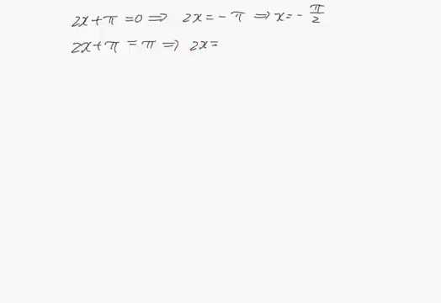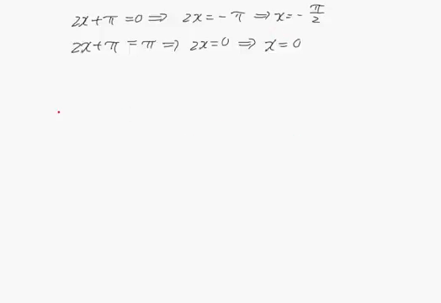We set 2x plus pi equal to 0, then we get 2x equal to negative pi, so x is equal to negative half pi. So this is one vertical asymptote. If we set 2x plus pi equal to pi, then we get 2x equal to 0, so x equals 0.